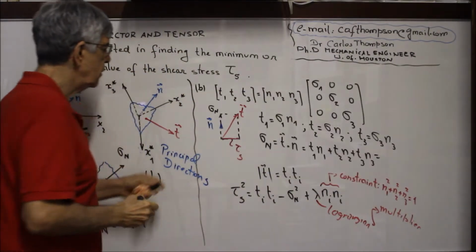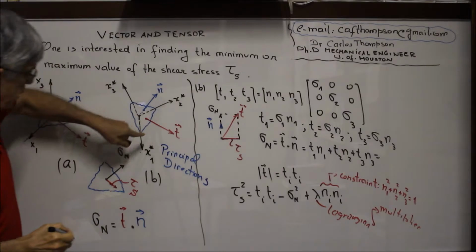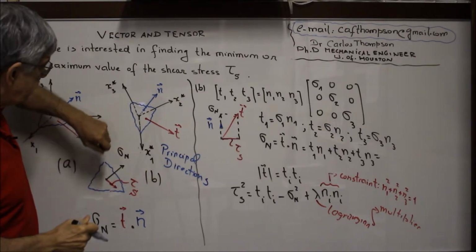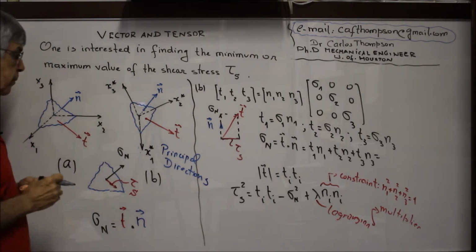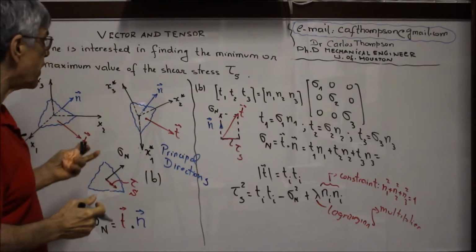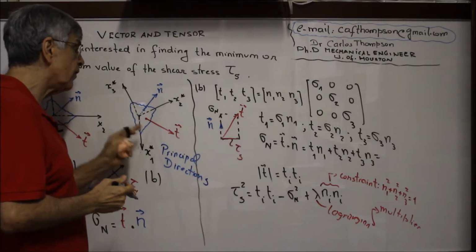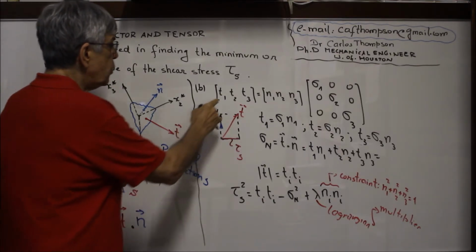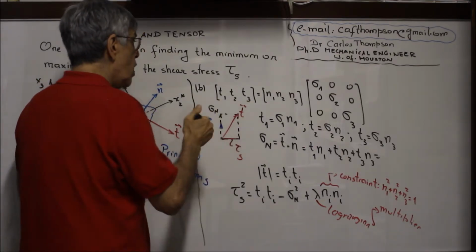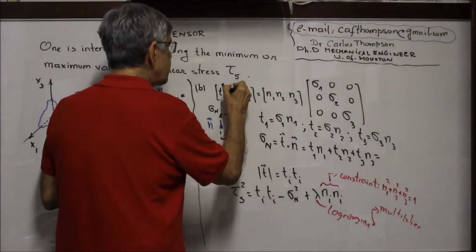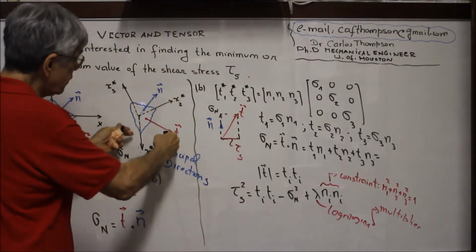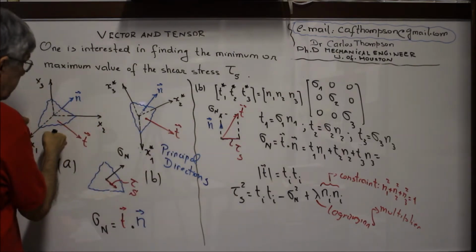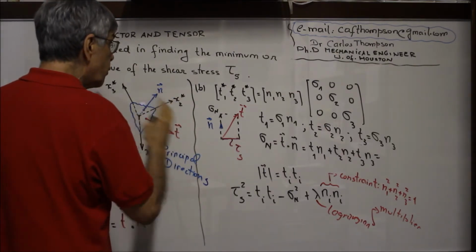Case B, this case here: let's use the coordinate system as the principal directions, so the unit eigenvectors. Now T1, T2, T3. I'll put an asterisk here, because the components in this system are completely different from the components in the other, but the vector is the same.